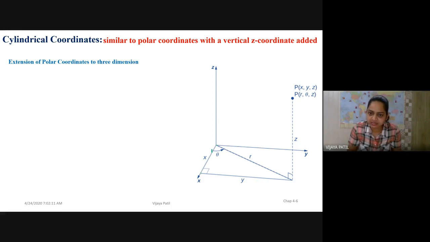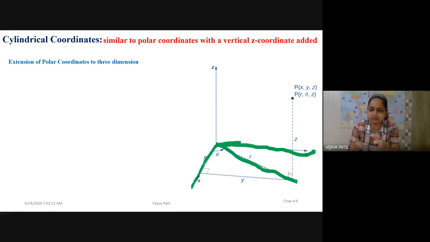This was my x axis and y axis here, and then this is my small r, and x and y and r and theta, everything we have seen. What we have done is we have just tilted that xy plane, and we have added the z axis into it.